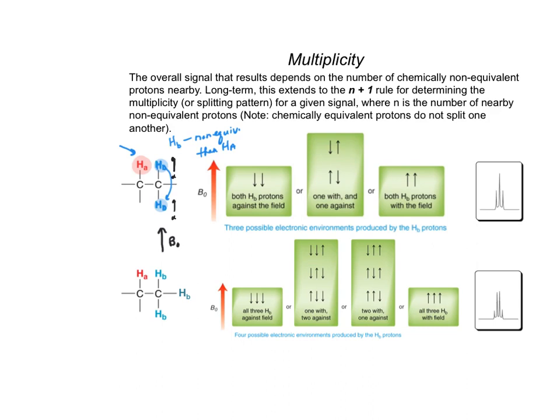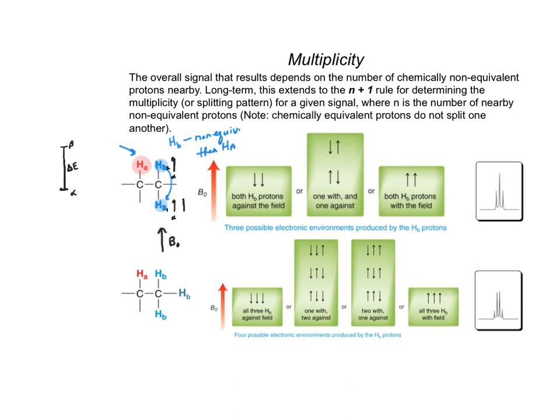And because of that, HA is going to feel both of those magnetic fields, and its alpha beta spin state is going to be split more than if they weren't there, comparatively. Not a lot more, but more than if they weren't there. So that's one possible outcome. In another molecule, we'll call this HB1 and this HB2.